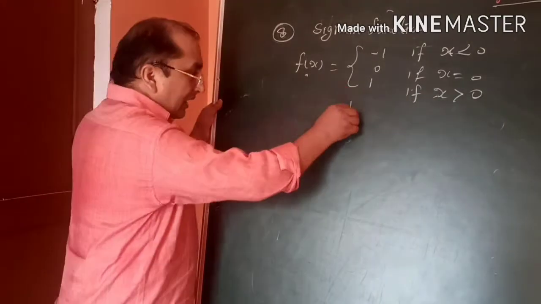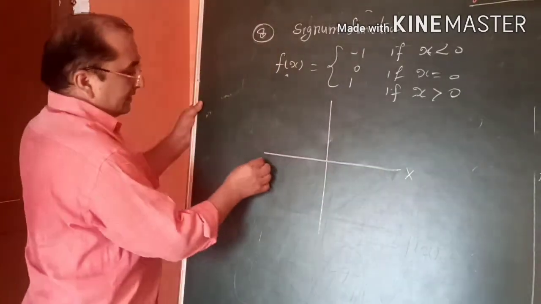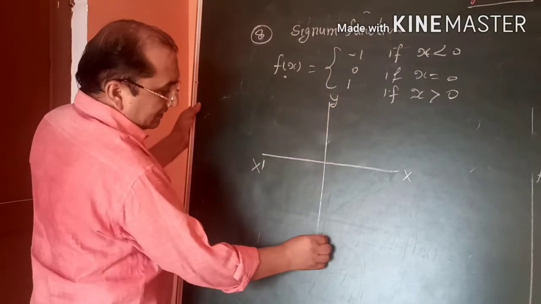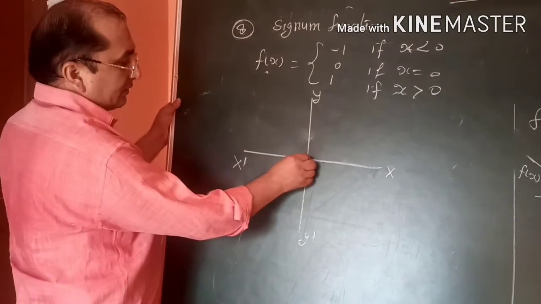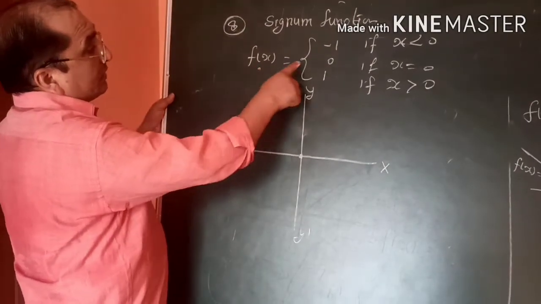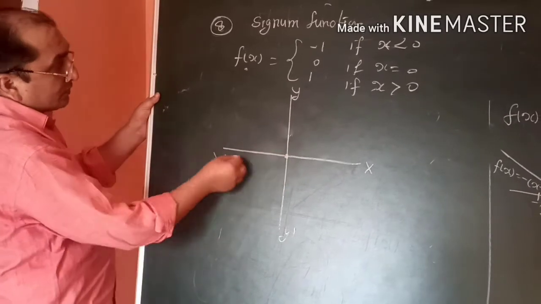If you draw the graph, this is the x-axis, this is x negative, this is x positive, and this is y negative, and this one is 0. For x less than 0, f(x) = -1, so y = -1 towards this side.